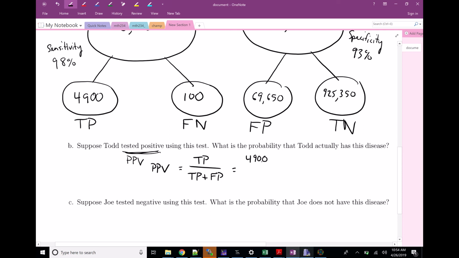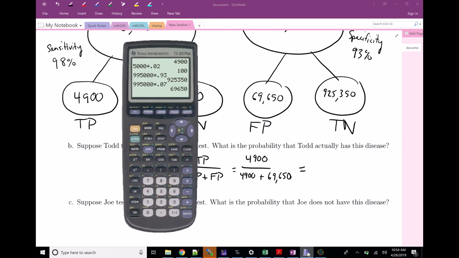So in our case, our true positives are the 4,900, and then we have divided by the 4,900, plus we have another 69,650 people who came back positive. And again, that's only 7%, but it's actually still a very large number. And so let's go ahead and calculate this out and see what this positive predictive value is.